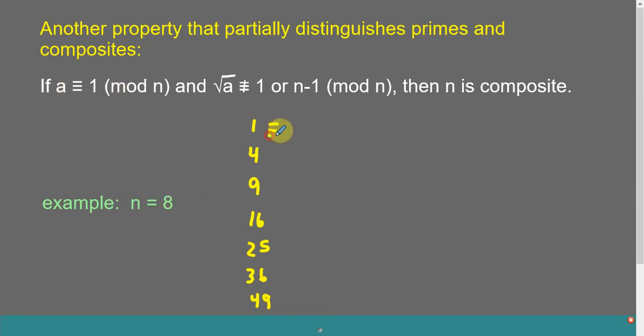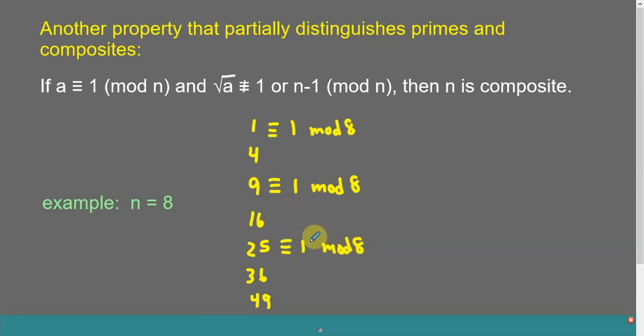Well, 1 is obviously 1 mod 8. 4 is not. 4 is 4. 9 is 1 mod 8. 16, that's actually 0 mod 8, so no. 25 is 1 mod 8.